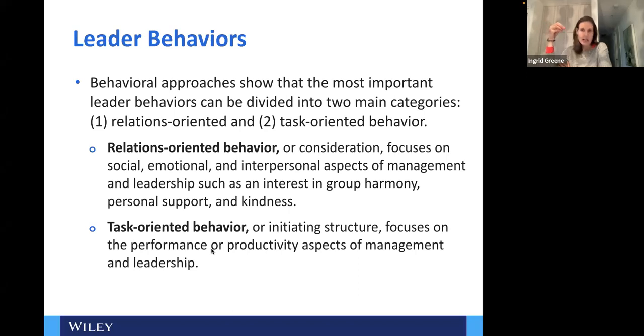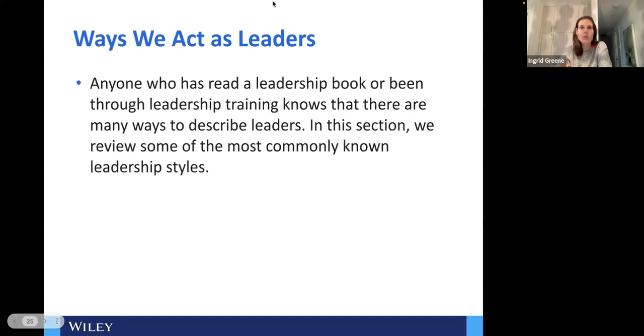Relations-oriented behavior can be helpful versus task-oriented behavior, but the manager might switch behaviors depending on the situation and the change in situation. So a balance is what we're looking for.